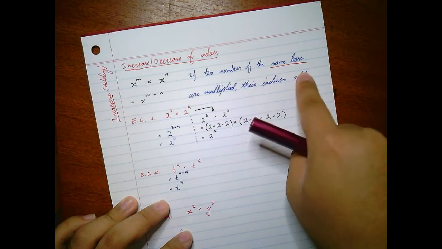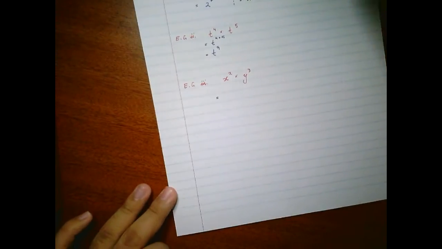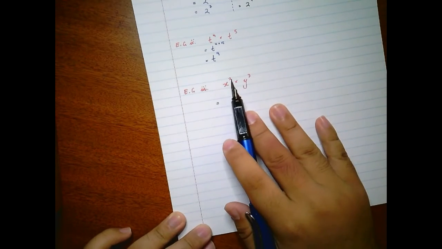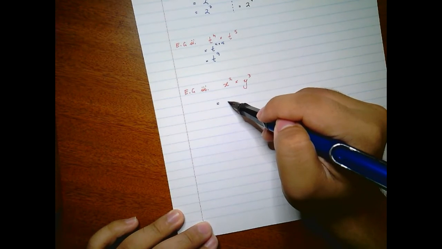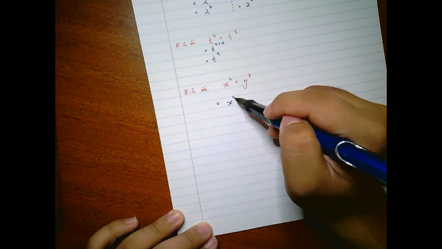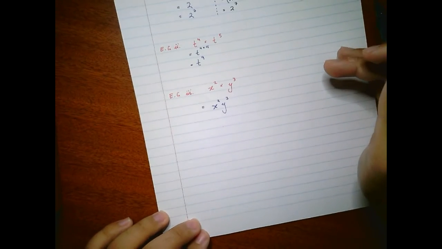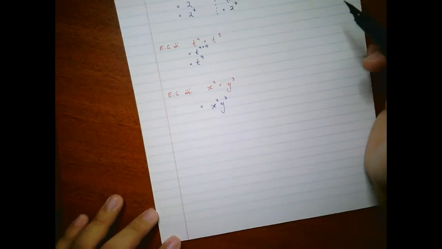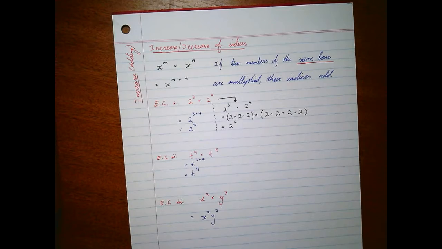If two numbers of the same base are multiplied, their indices add. These two numbers do not have the same base, so these two indices do not add. All that happens is that they merge together, which is just x squared y cubed. They just merge together, but they keep the same base.